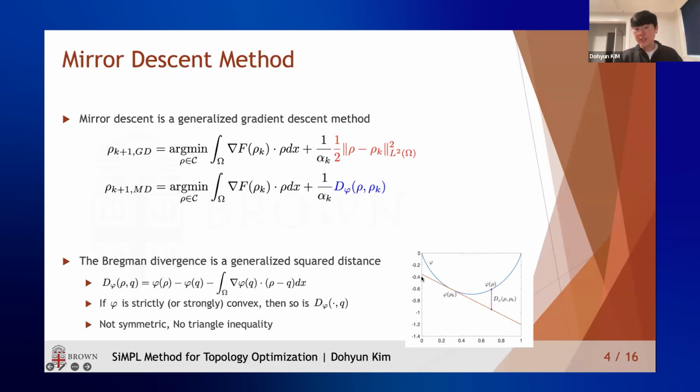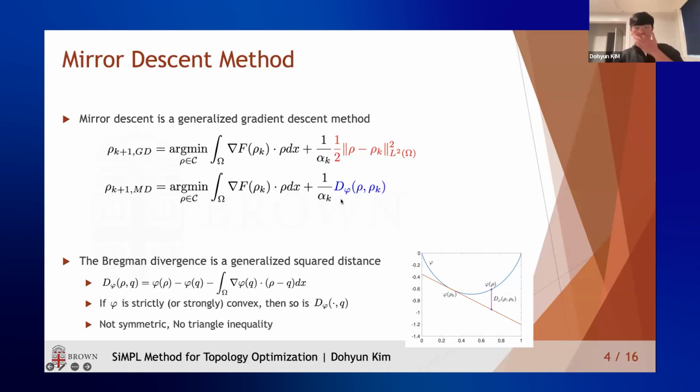This is always smaller than the entropy function that we use, and the distance between the entropy function at the other point and the first order approximation becomes our Bregman divergence. If phi is strictly convex, then so is the Bregman divergence in the first argument. But it is not symmetric, and it does not satisfy the triangle inequality. So this is not a distance.